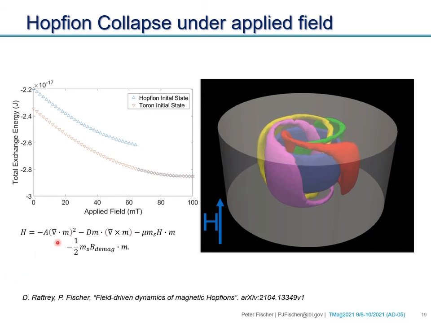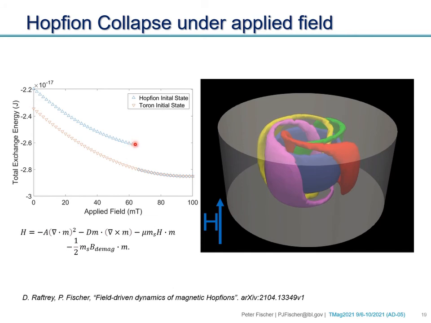The probably most remarkable feature that we found in our simulations was what happens to the Hopfion structure when you increase the applied magnetic field. What you see here is the total exchange energy plotted as a function of the applied magnetic field. In blue, you see the Hopfion ground state, and then in red, the Toron ground state. And what you see is that at about 65 or so millitesla applied magnetic field, the Hopfion state transforms or collapses into a Toron state.